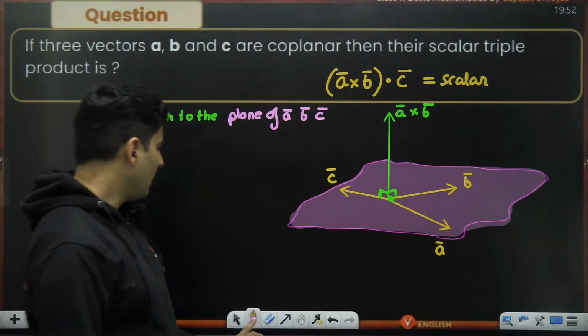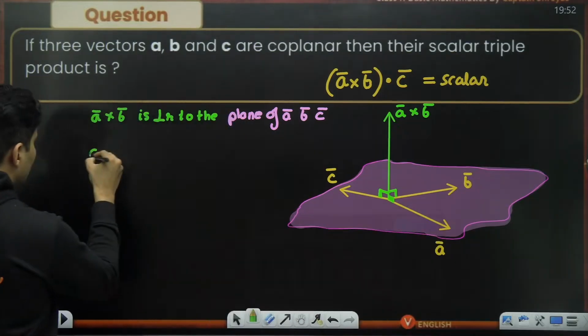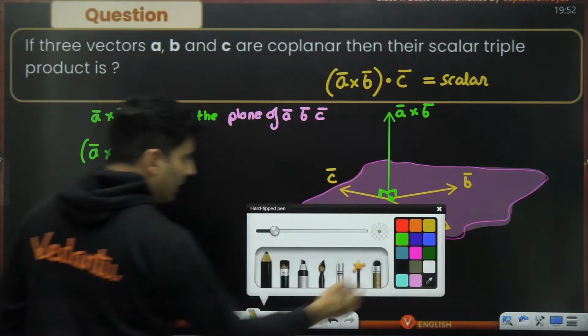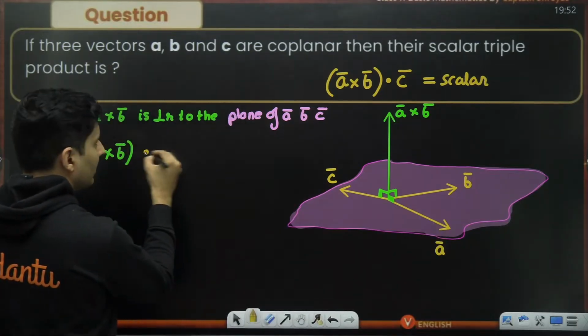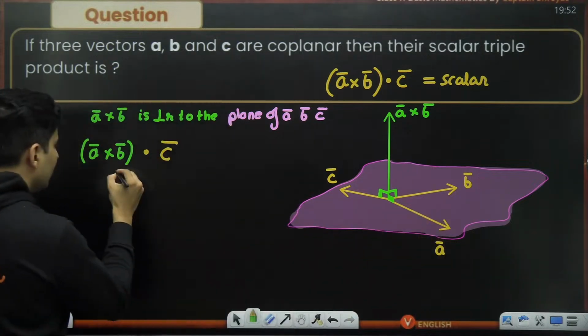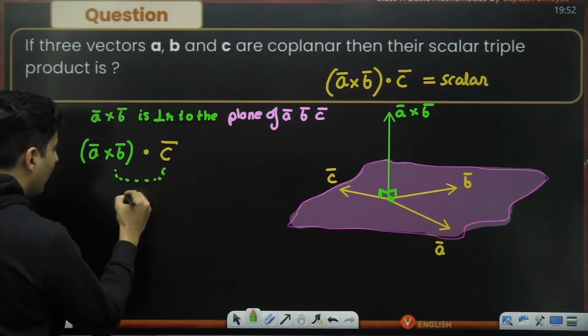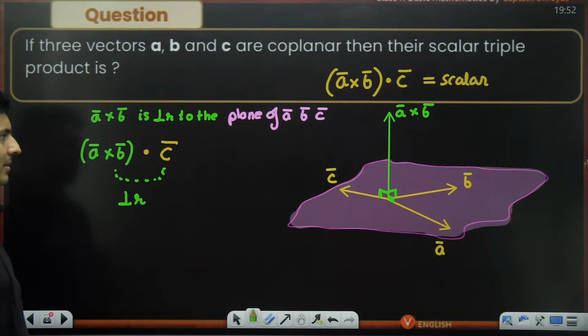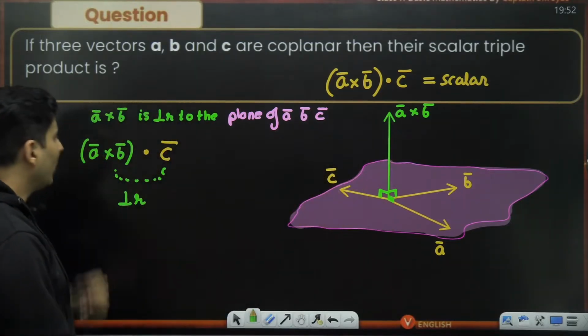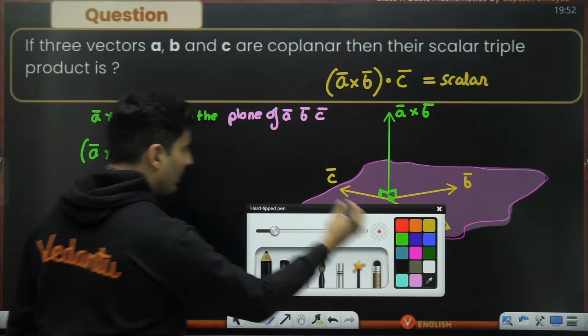Okay. Now, if you take A cross B, dot product it with a vector C, we know that these two are perpendicular to each other. A cross B is perpendicular to C. So what will happen when the vectors are mutually perpendicular?